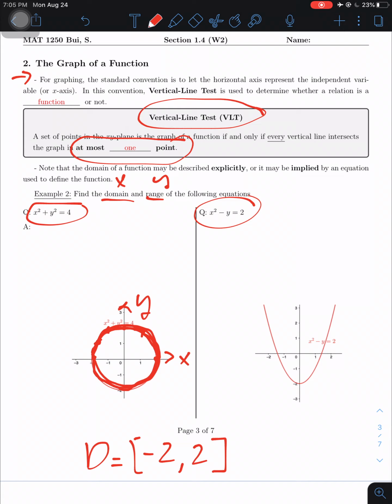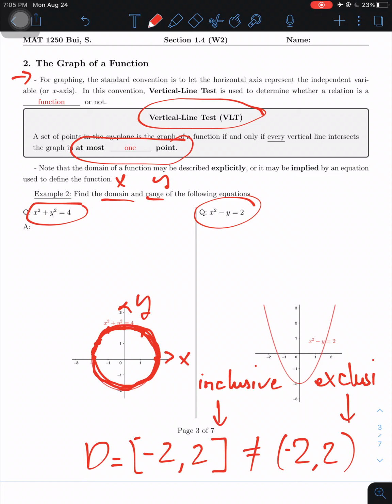Okay? And by symbol, if you have something inclusively, it means that you have to write it in brackets. This here is different from parentheses. -2 to 2, this here is inclusive. And parentheses here are for exclusive. Include means that you have the 2, so 2, check.